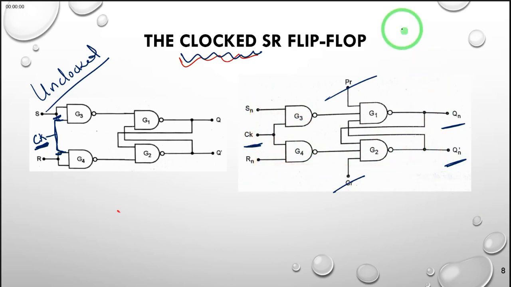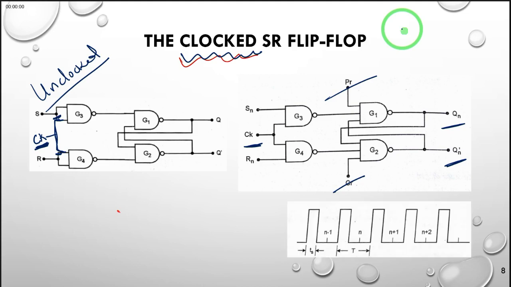So before we discuss how the clock pulse amends the function of our SR flip-flop, we want to see that the clock pulses are coming in pulses of short duration TS. Therefore, when we send such a pulse to our two gates G3 and G4, when the pulse has not passed, the gate will not change state even if S changes from 0 to 1 or 1 to 0.